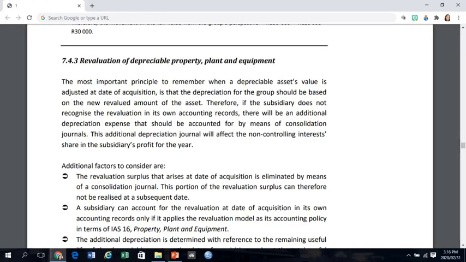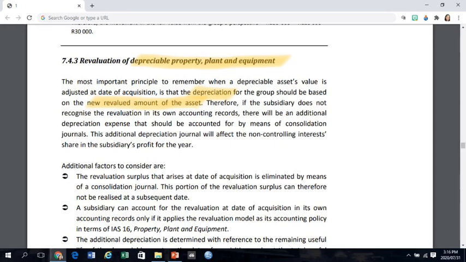Example 7.8 and 7.9 now focuses on value adjustments or revaluations of depreciable property, plant and equipment of the subsidiary at acquisition date. One of the most important principles to remember when we're busy with a depreciable asset's value that we adjust at date of acquisition is that the depreciation for the group should now be based on this new revalued amount of the asset.